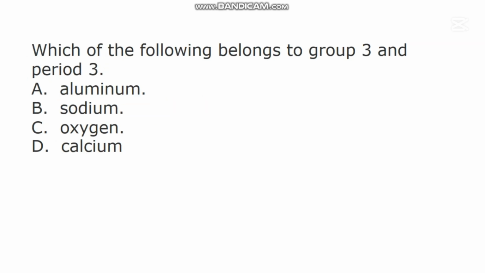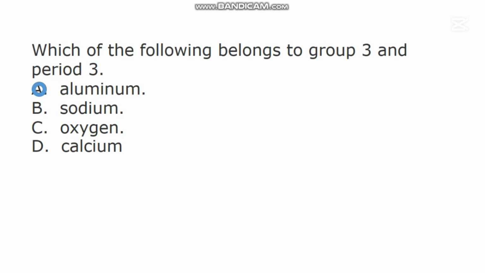The next question says, which of the following belongs to group 3 and period 3? A. Aluminum. B. Sodium. C. Oxygen. D. Calcium. In this question, the correct answer is A. Aluminum.